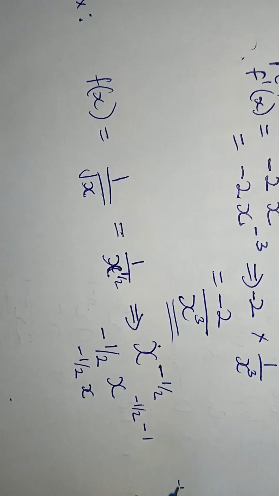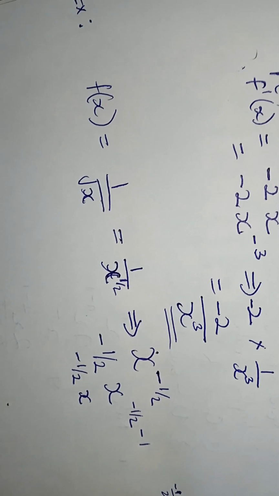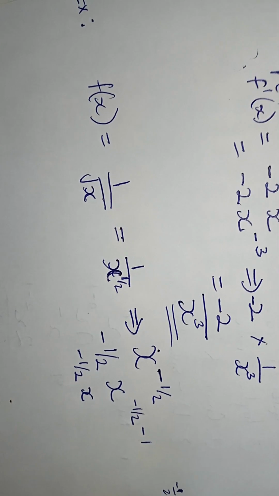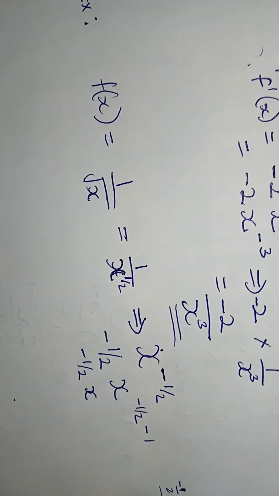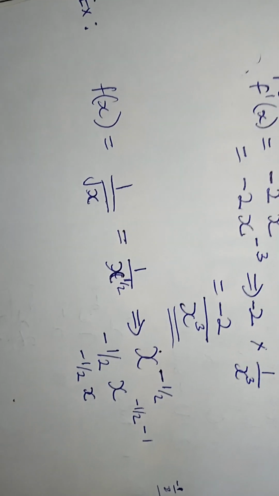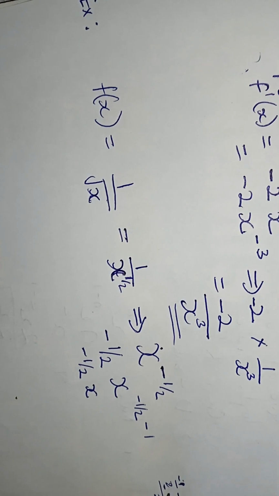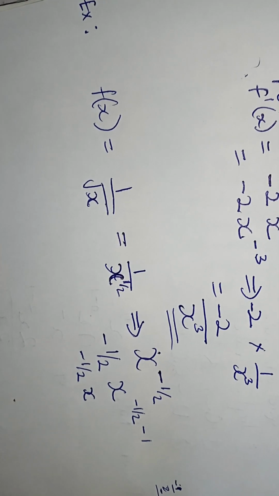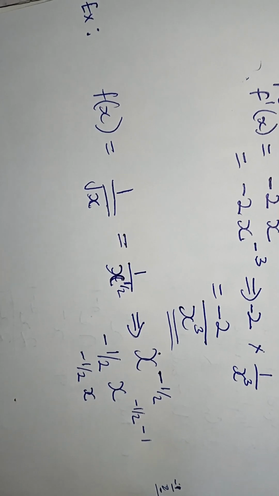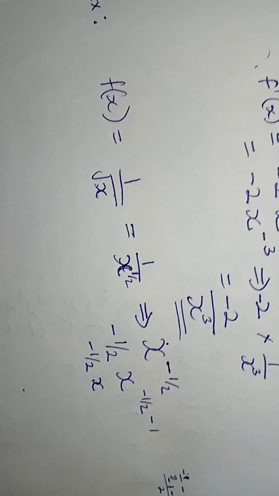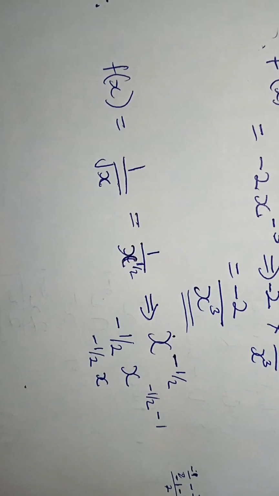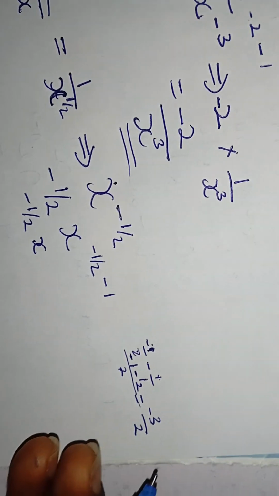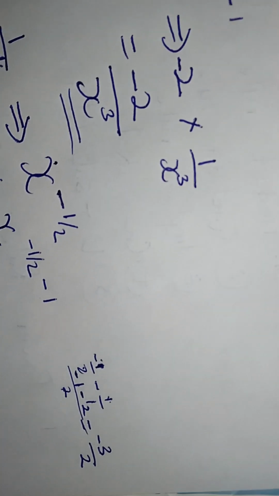So this is minus 1 over 2 minus 1 over 1. LCM is 2. 2 divided by 2 is 1, times 1 is 1, minus 1. 1 divided by 2 is 1, times 1, minus 2. So this is the same thing as minus 3 over 2.